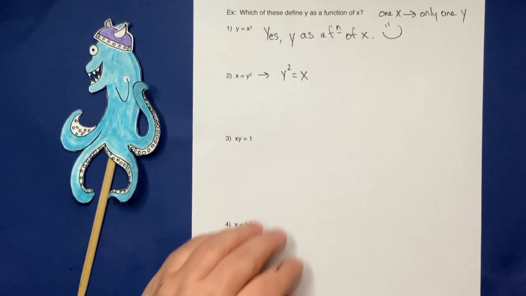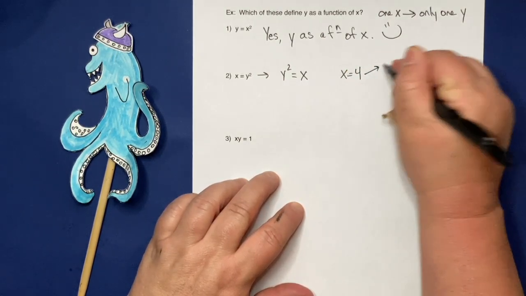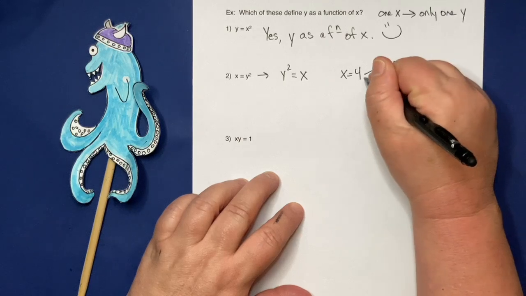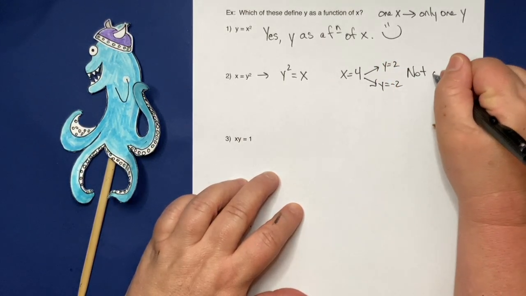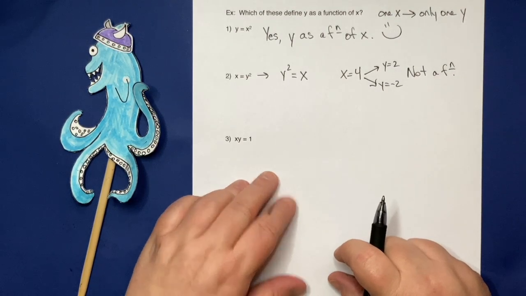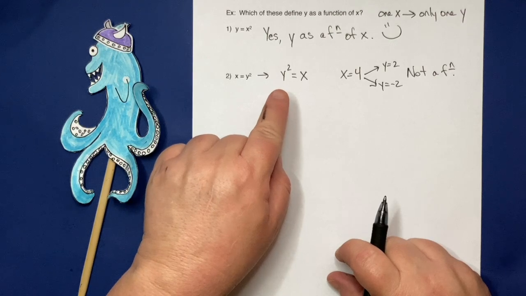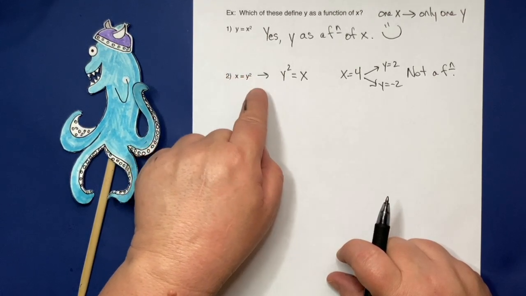This is not a function. So if x equals 4, that corresponds to y equals 2, or y equals negative 2. This is not a function. Now, preview. It is a function if you consider it x as a function of y.